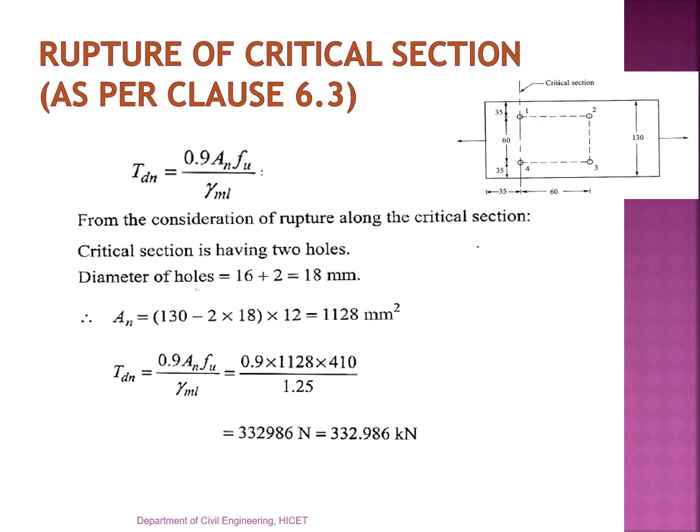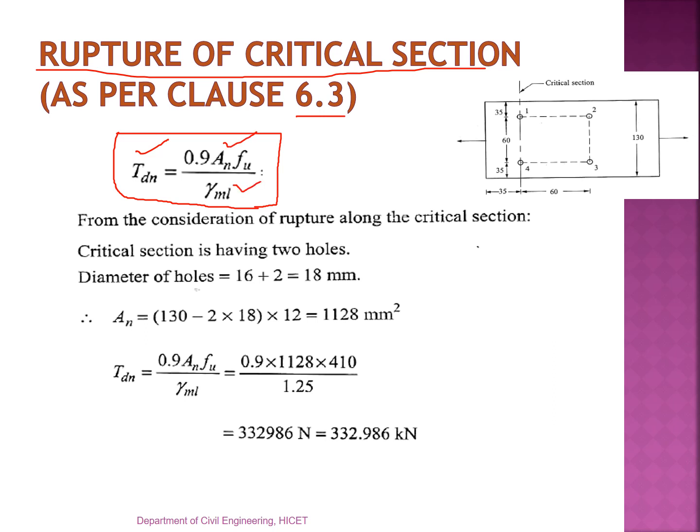Then next we have to find the design tensile strength due to the rupture of critical section. As per IS 800-2007 clause 6.3, it recommends that the design tensile strength of steel plate in rupture of critical section is Tdn equal to 0.9 An Fu divided by gamma m1. Here An is the net area of the section, and gamma m1 is the partial safety factor.